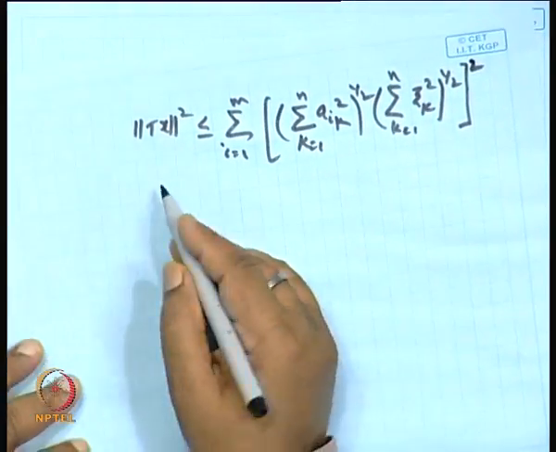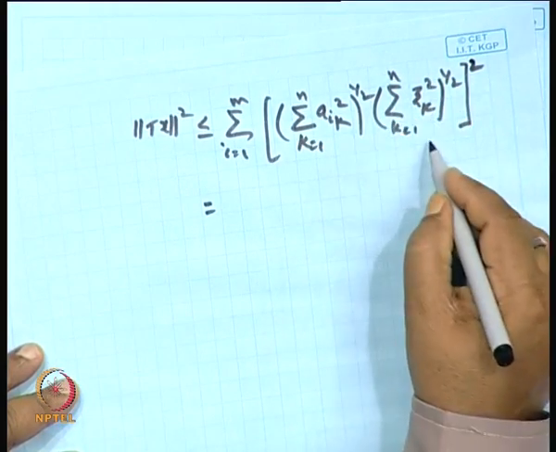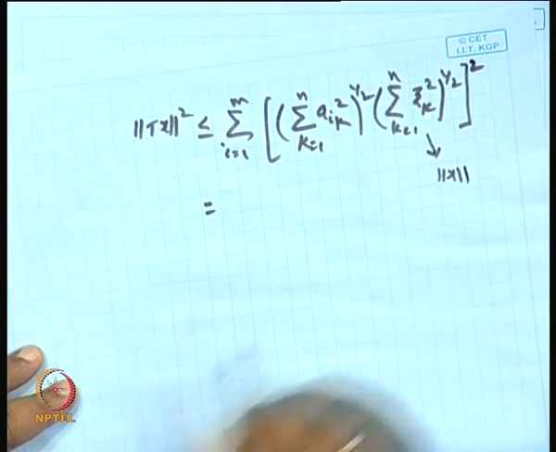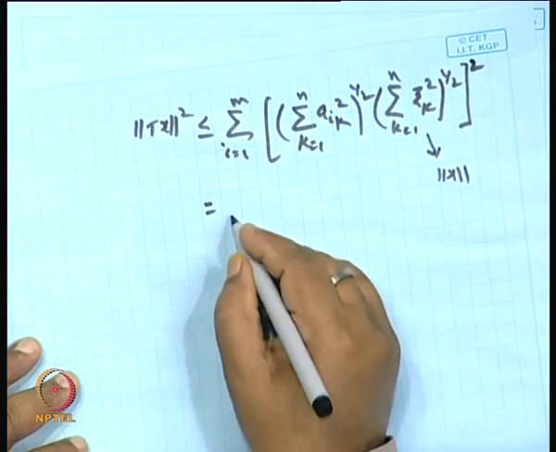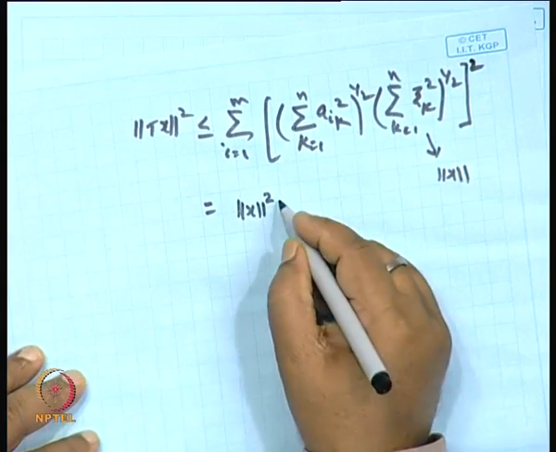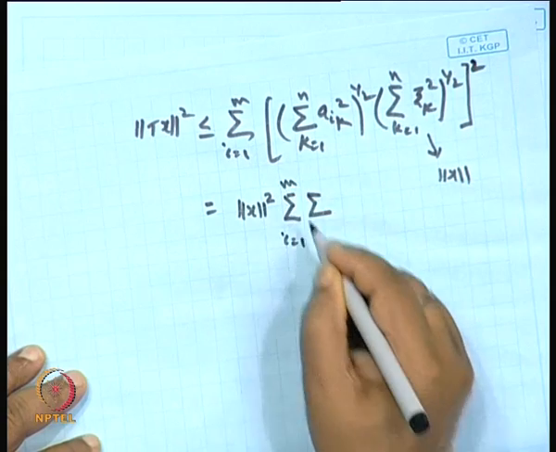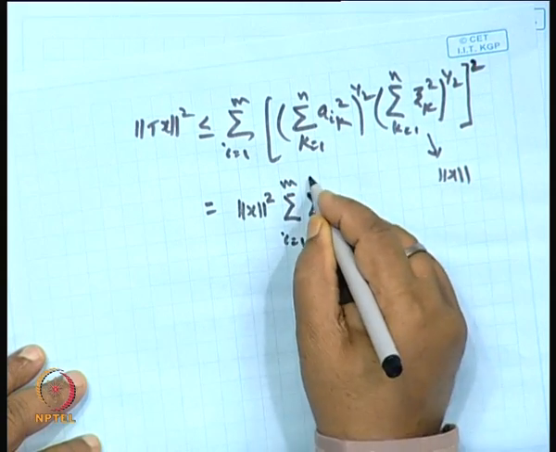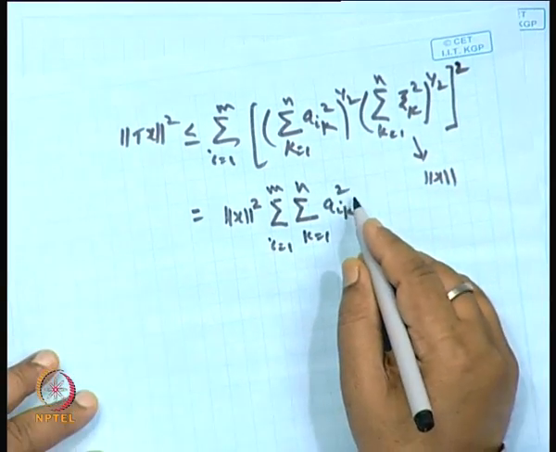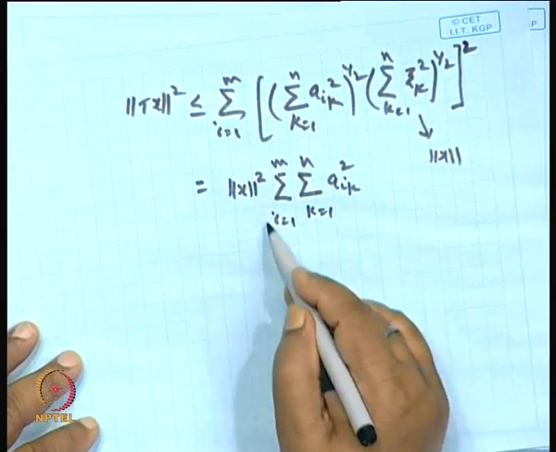Now, this shows from here that this is equal to, now this one part is what? This is basically equal to the norm of x. So we are getting this is norm of x squared into the double summation i equal to 1 to m, k equal to 1 to n, a_ik squared, and the square we will get. Now, this is nothing but simply a constant.